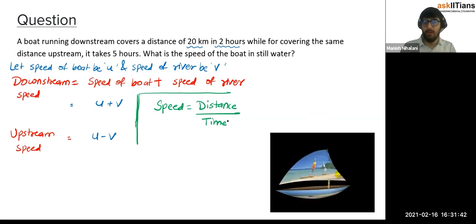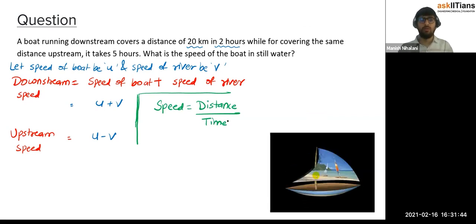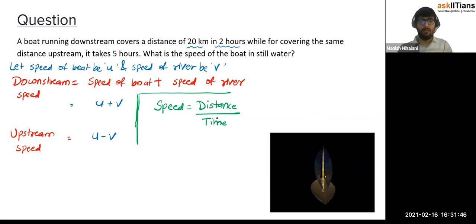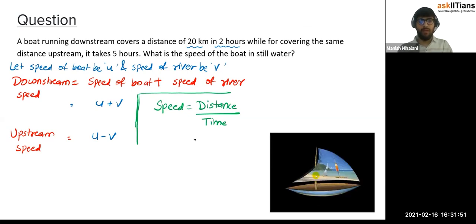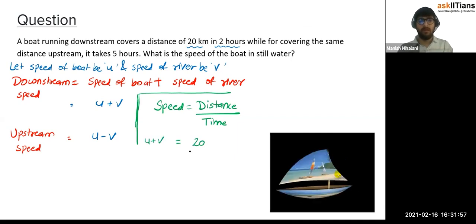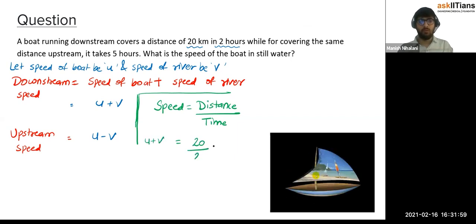So here your distance is 20 kilometers in downstream. Speed in downstream is u plus v and time in downstream is 2. So you would say u plus v is equal to 10.